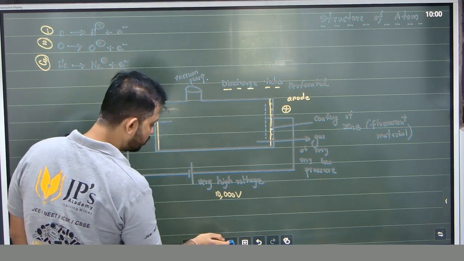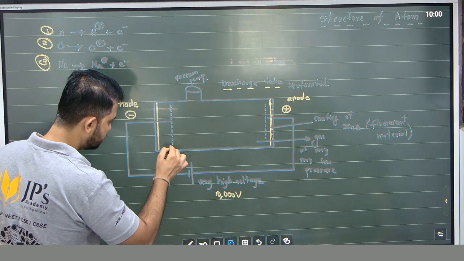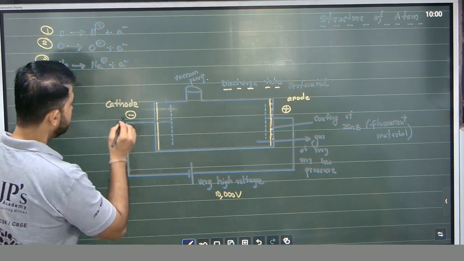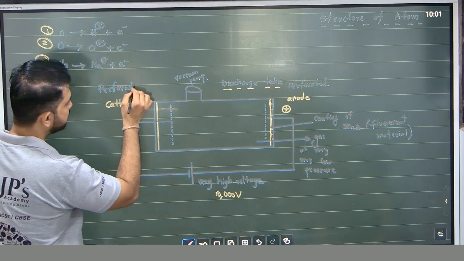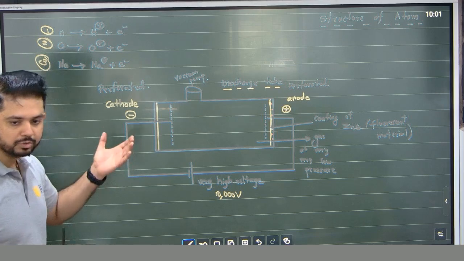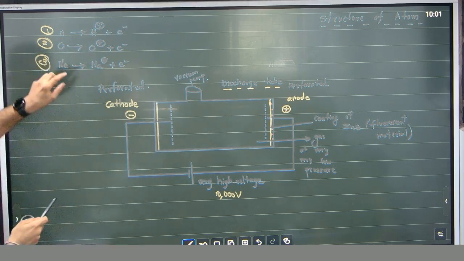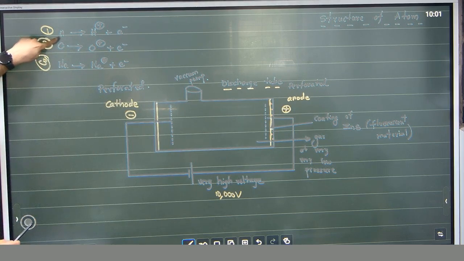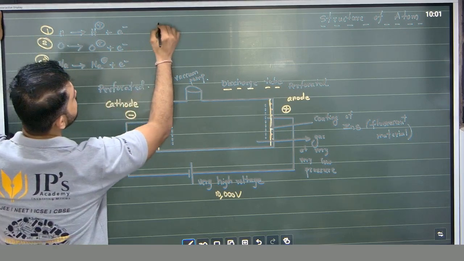And what did he do to the cathode? A perforated cathode. Why did he do that? Because the moment you ionize hydrogen gas, it will become H plus. And what did I say, people? What do we call H plus?